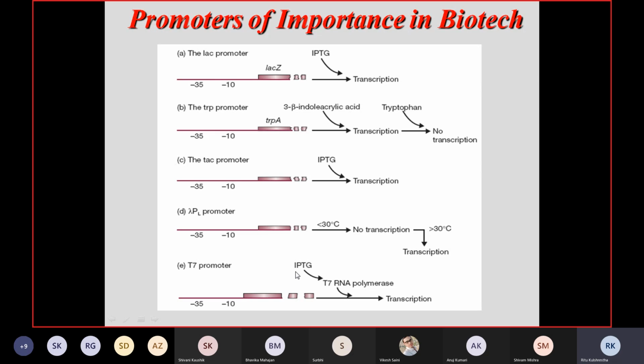Why it is IPTG inducible? I will just come to that. So this is just your introduction to the various promoters which are being used for bacterial expression system. The yeast ones I had already told you before.